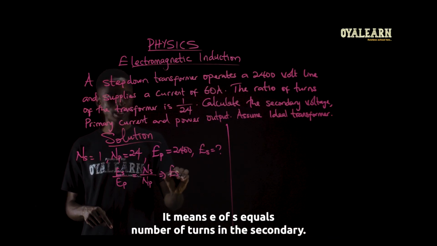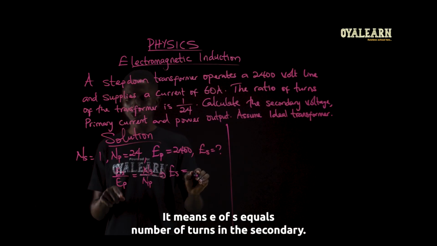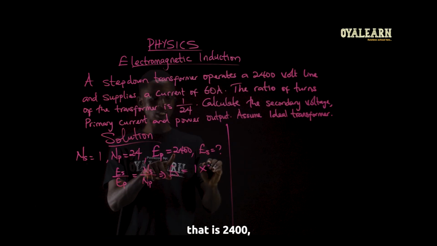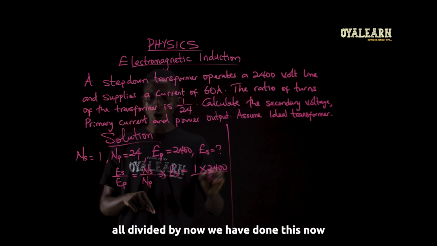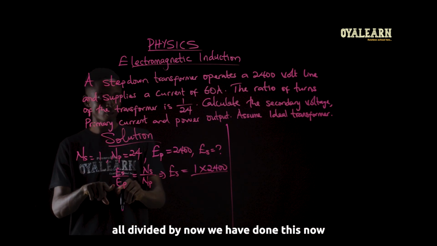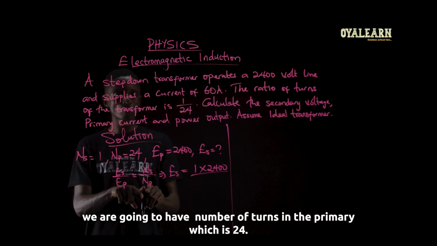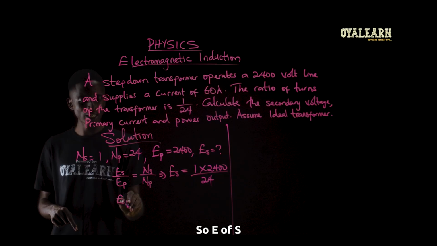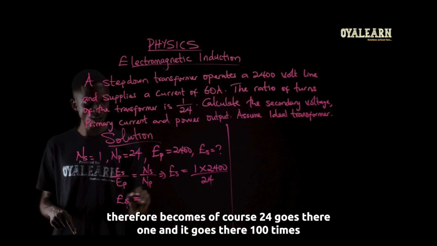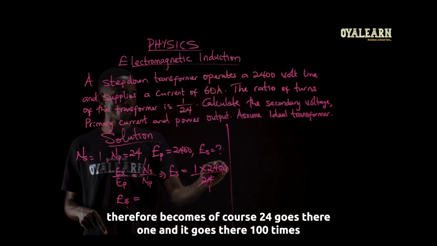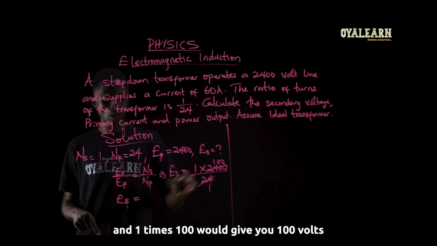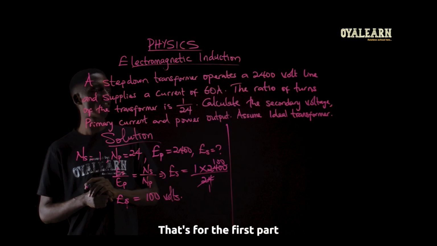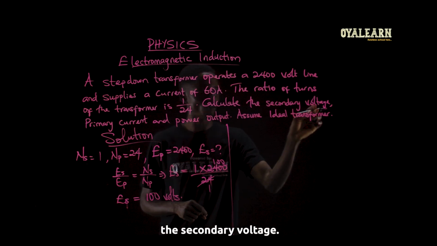It means E of S equals number of turns in the secondary, that is 1, times E of P, that is 2,400, all divided by the number of turns in the primary, which is 24. So E of S therefore becomes, of course, 24 goes into 24 once and into 2,400 one hundred times. And 1 times 100 will give you 100 volts. That's for the first part, the secondary voltage.